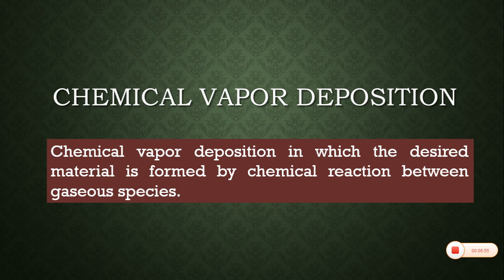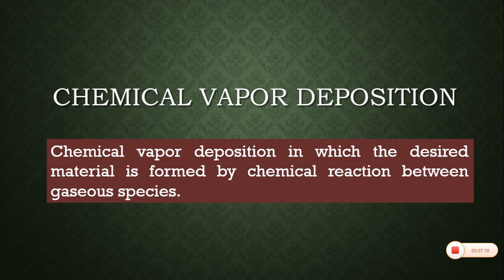It is a well-established technique that can be used to deposit all classes of materials, including metals, ceramics, and semiconductors, for a variety of applications. It is used for coating large areas and is useful in mass production.